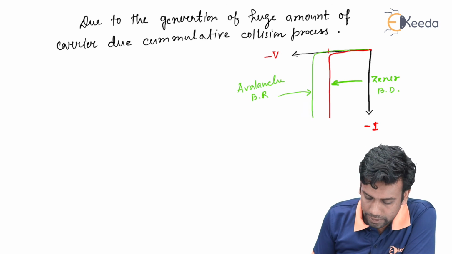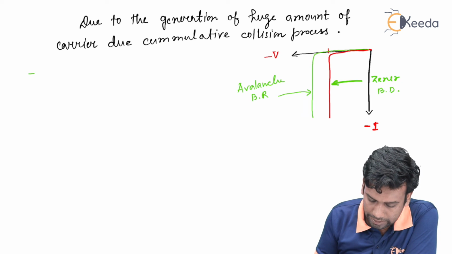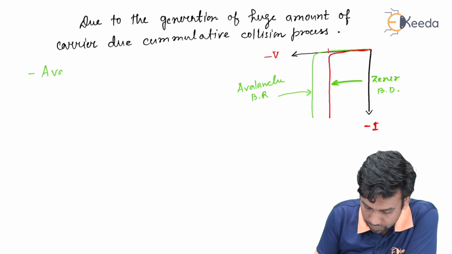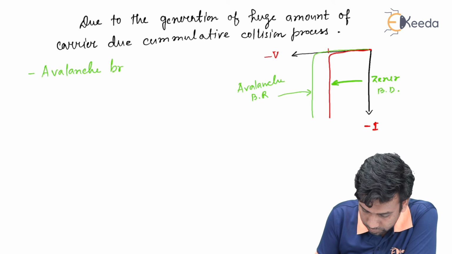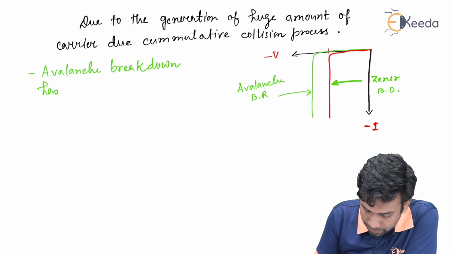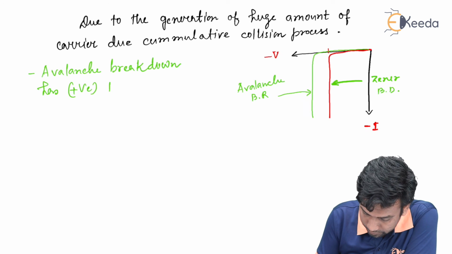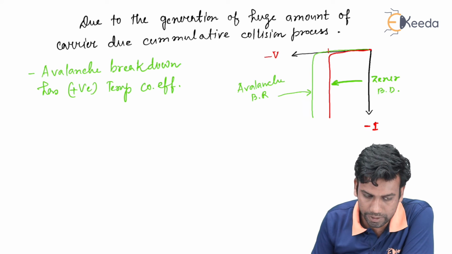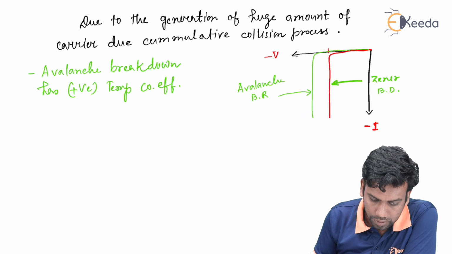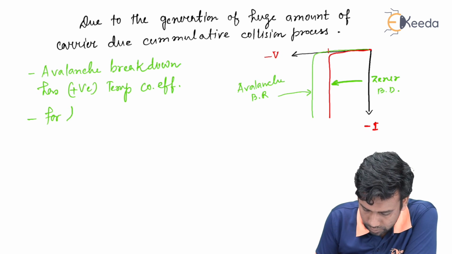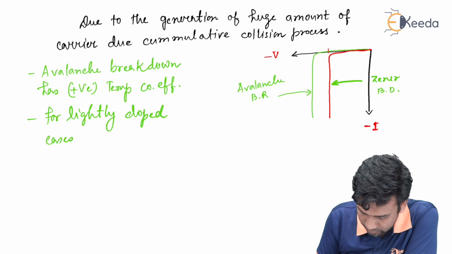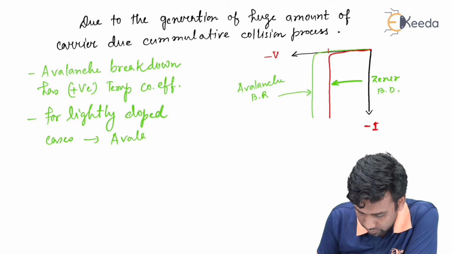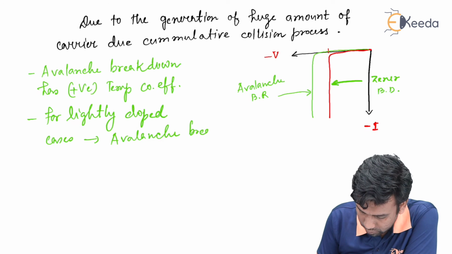Similarly, like the Zener breakdown, we can also say that avalanche breakdown has a positive temperature coefficient with temperature, and also for lightly doped cases avalanche breakdown has the priority.